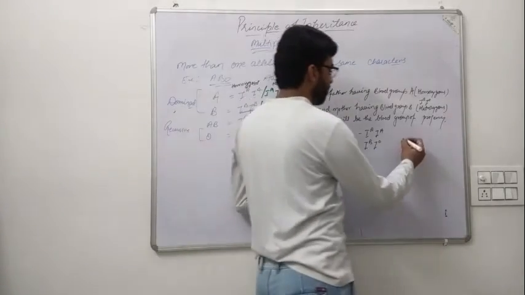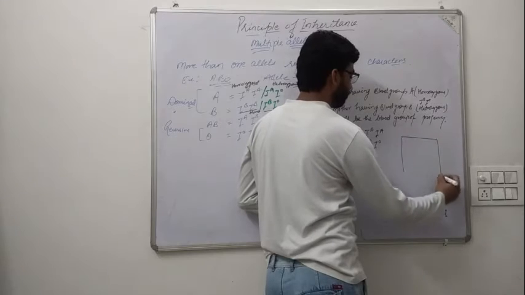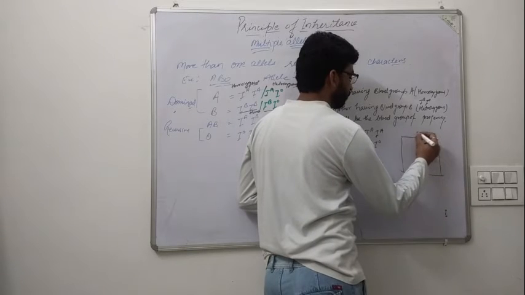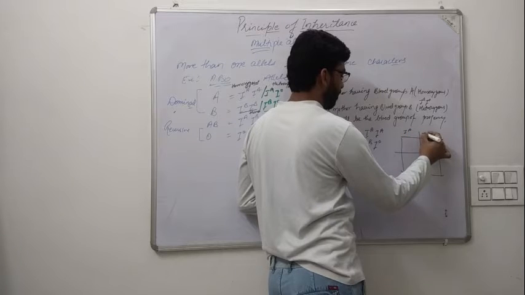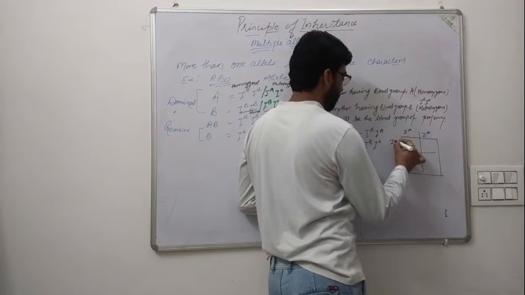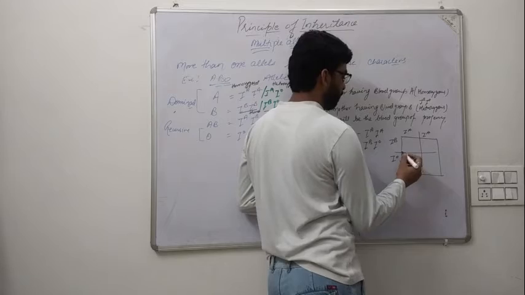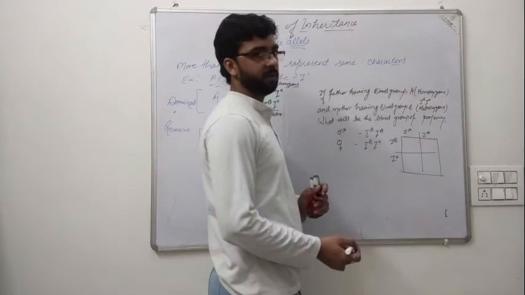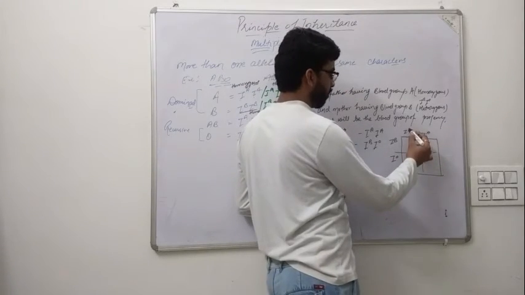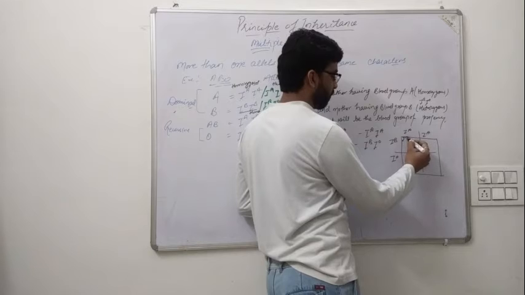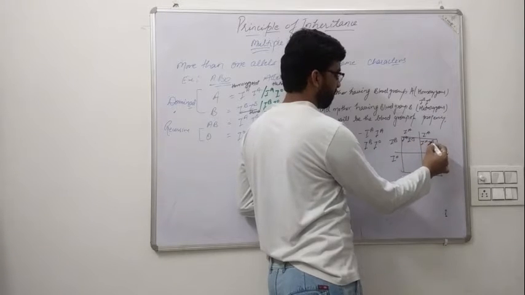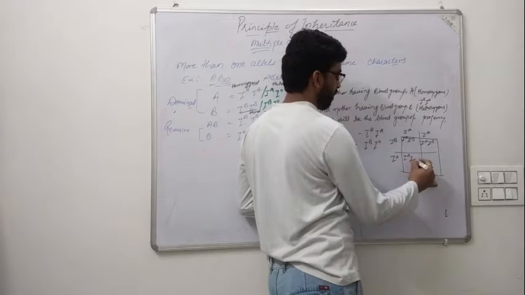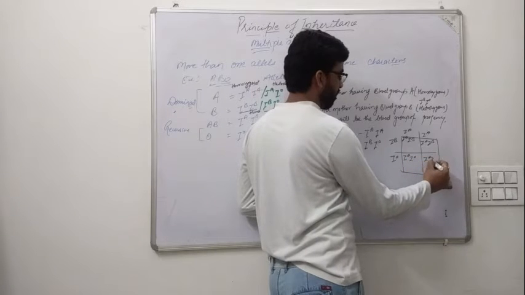The progeny blood groups are IAIB, IAIB, IAIO, IAIO.